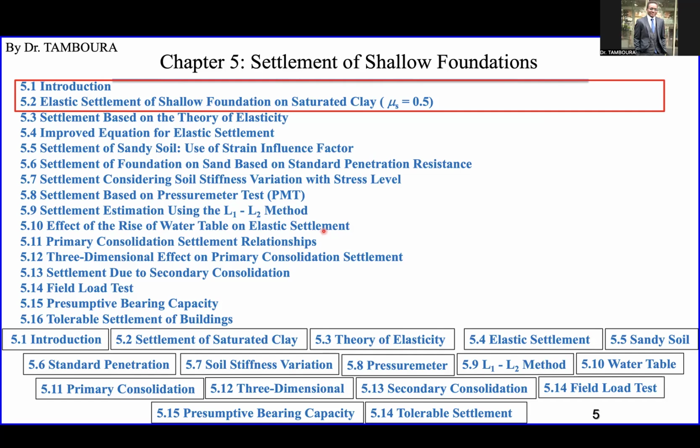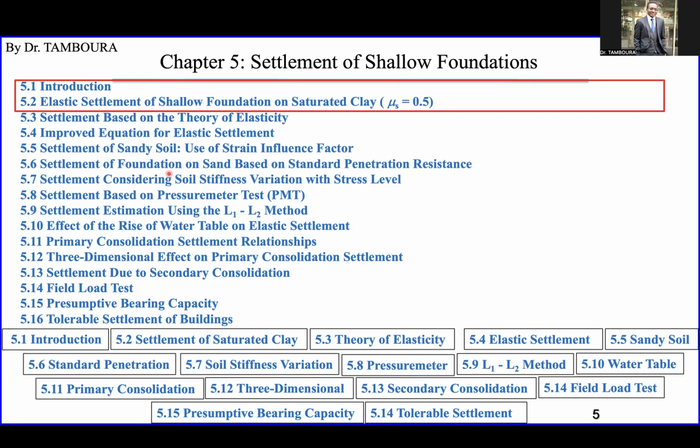That is the serviceability limit state, because in some projects you will have some restriction about the amount of settlement your foundation will cause. So you need to understand how to estimate settlement of shallow foundation.